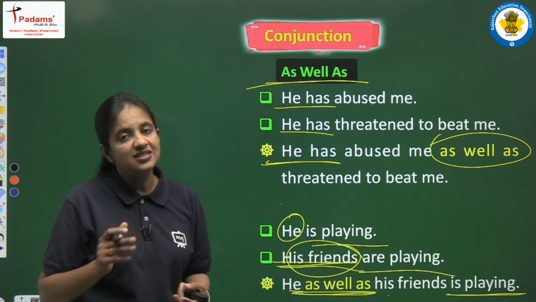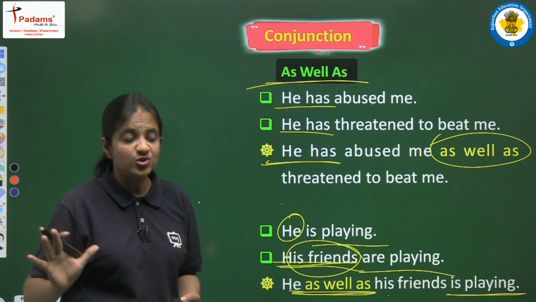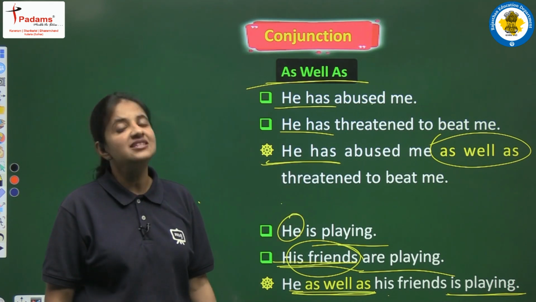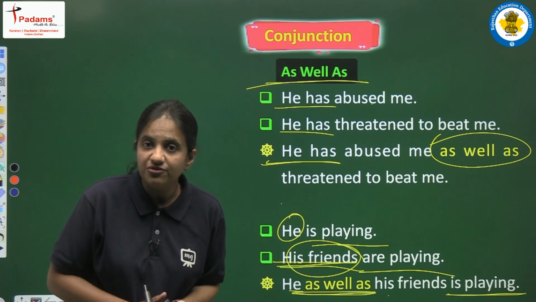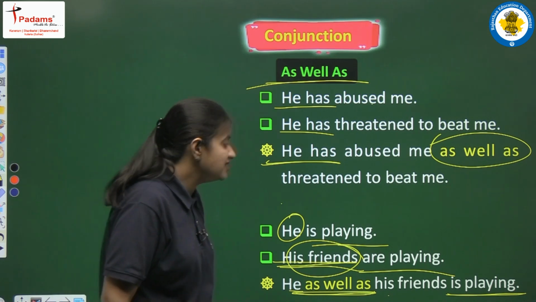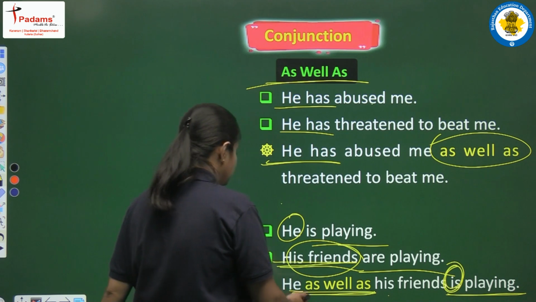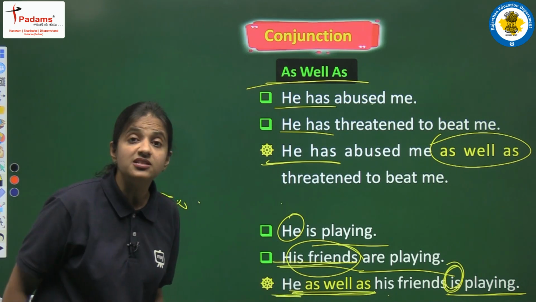So students, this is the thing that you have to learn: when we are combining two different sentences using as well as, we have to use the helping verb that is based on the first subject.